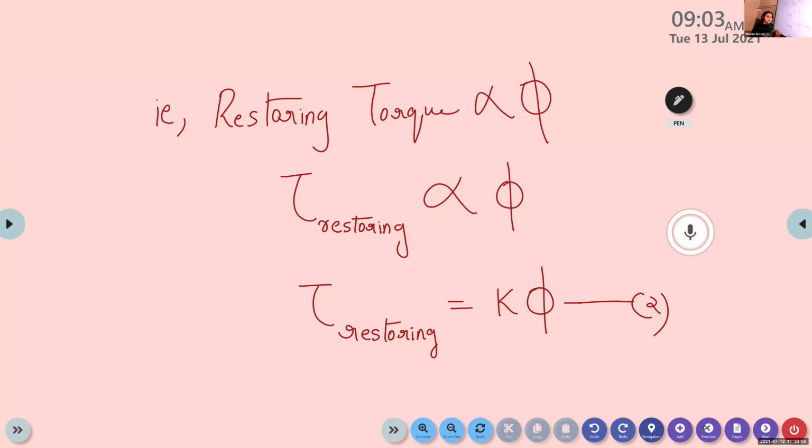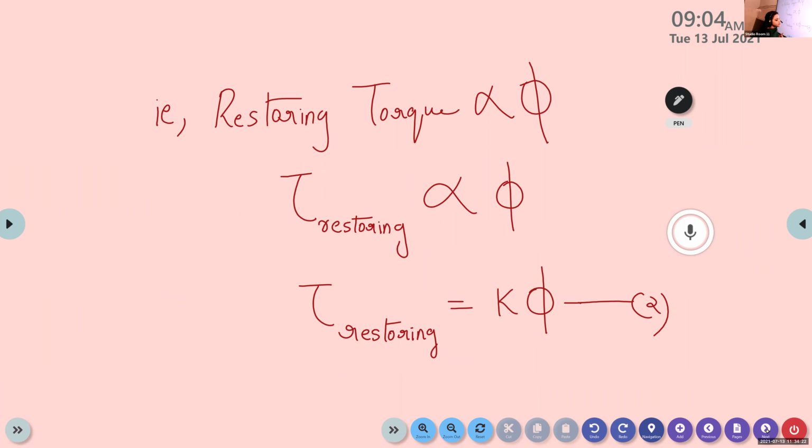This process repeats again and again in the moving coil galvanometer. Whenever the current increases, the coil is again perpendicular to the magnetic field, but at the same time the spiral spring produces a restoring torque, so it retwists the rectangular coil back to its initial position. This process repeats in an electrical circuit. So here we have two torques: one is the torque due to the rotational motion of the rectangular coil, and the other is the restoring torque produced by the spiral spring.